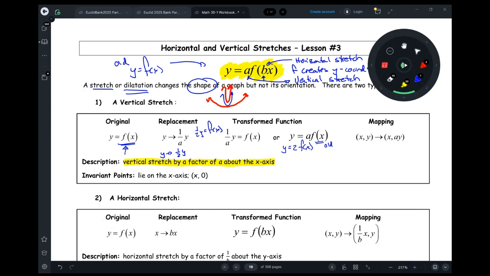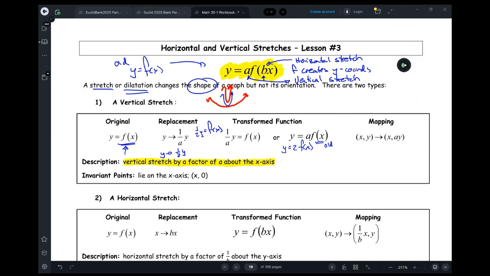I'm multiplying the old y coordinate by a to get my new y coordinate. And my mapping reflects exactly what is going on with the points. So x comma y goes to x comma a times y, or in the specific example we just gave, every x comma y on the graph becomes x comma 2y. I'm going to multiply the y coordinate by 2.